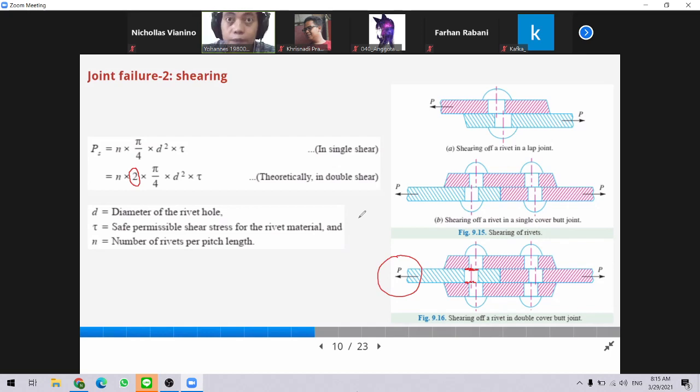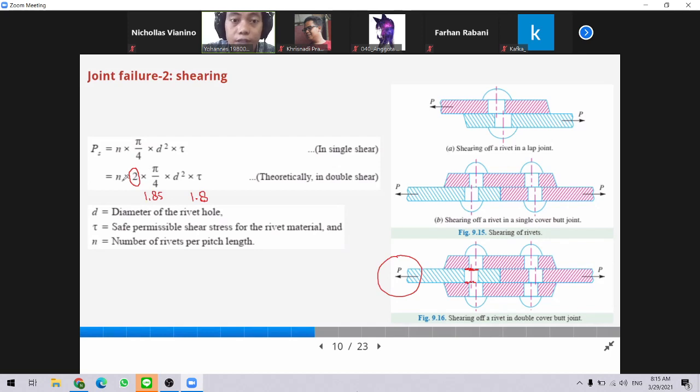the standard, several countries reduce this number by 1.5 or 1.85 or 1.8 like this, because maybe they found that it is actually not correct to put two here.